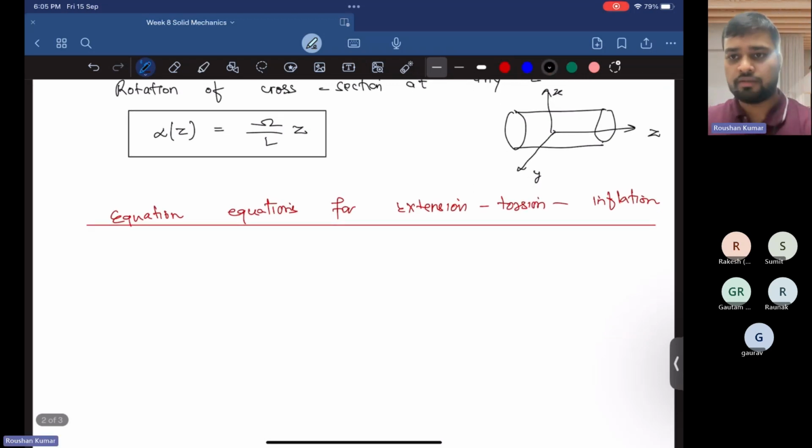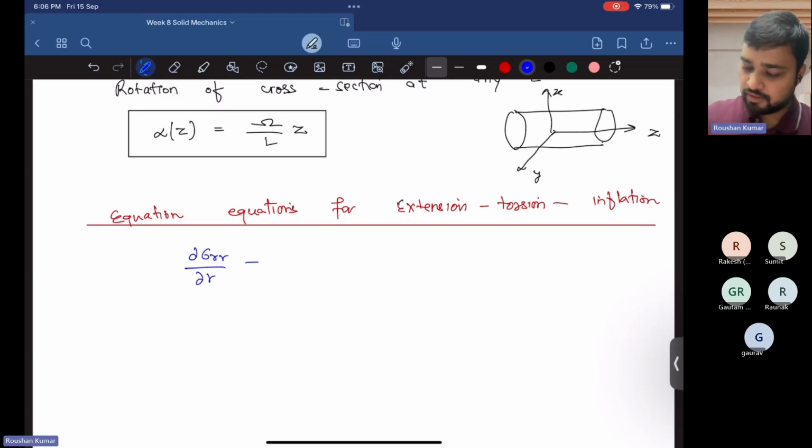The equations that were derived in these lectures are written here. For the detailed derivation, you can refer to the lecture. We have three different equations: one along the r direction, the second along the theta direction, and the third along the z direction.